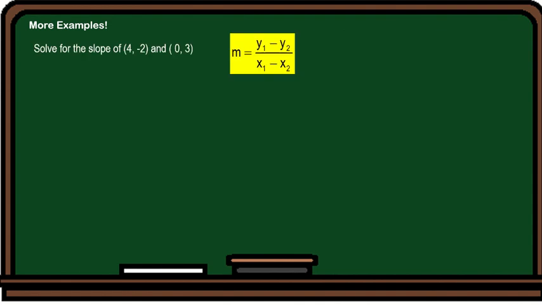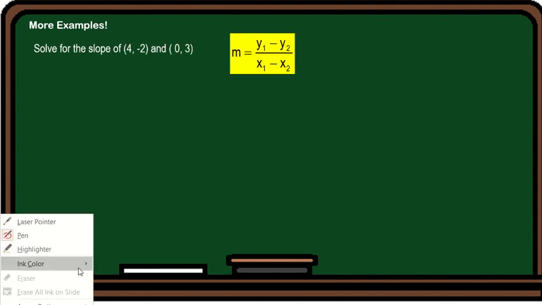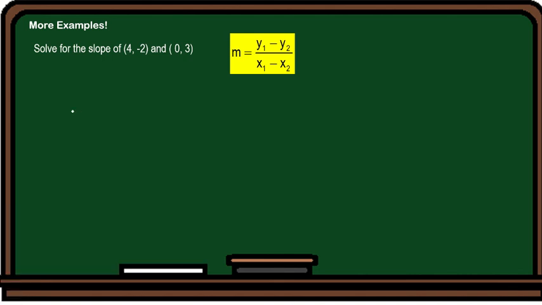Next, let's try the second formula. Mauna naman si y sub 1 bago si y sub 2. So, x sub 1, y sub 1, x sub 2, y sub 2.